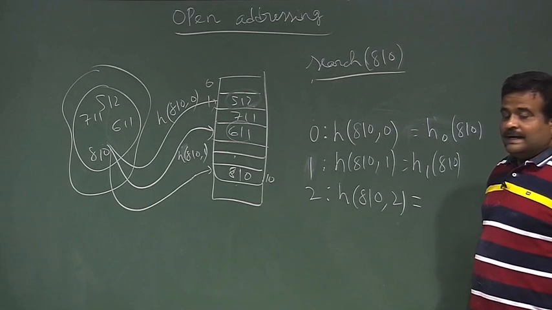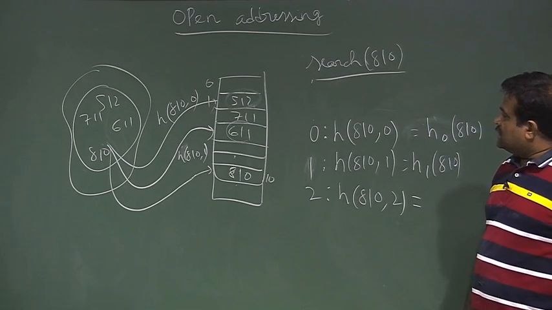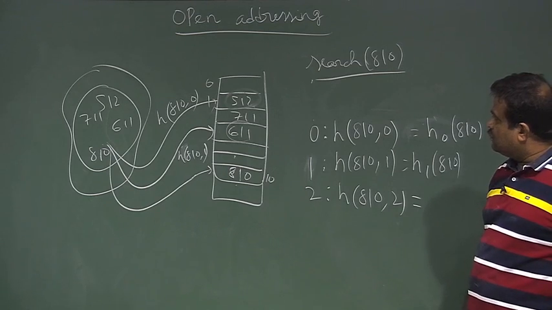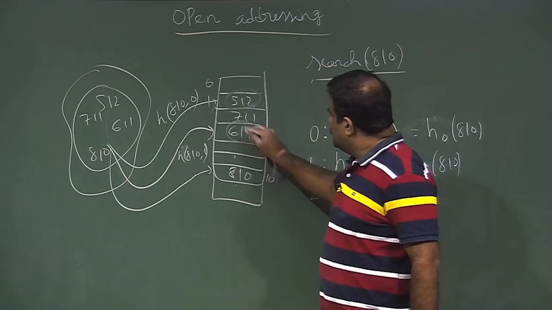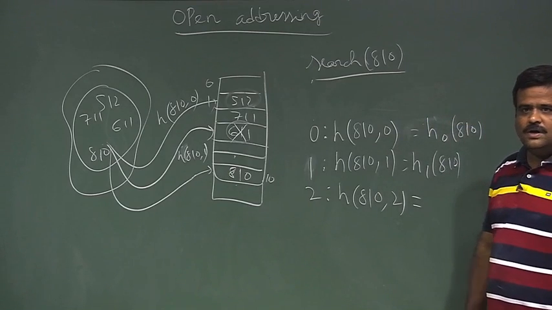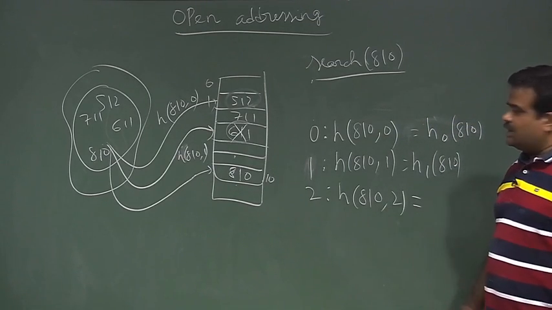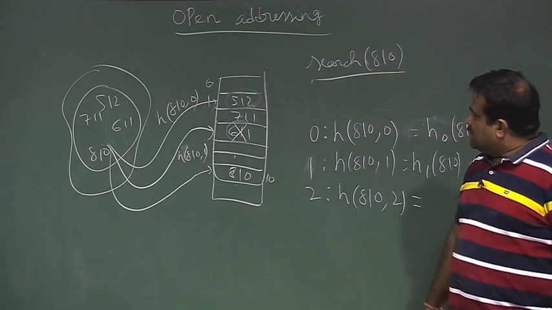Now, deletion has to be a little tricky here. Suppose we delete this 611, and then after the deletion we are searching for 810. What will happen?